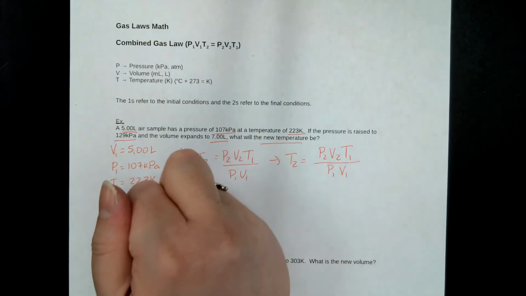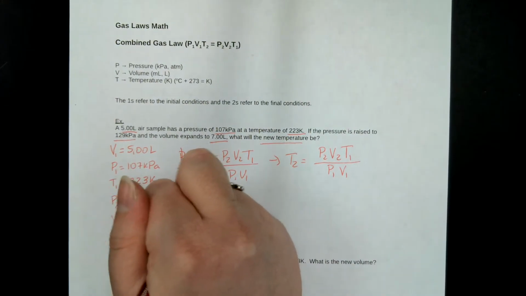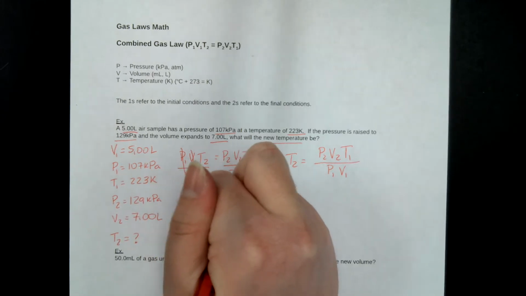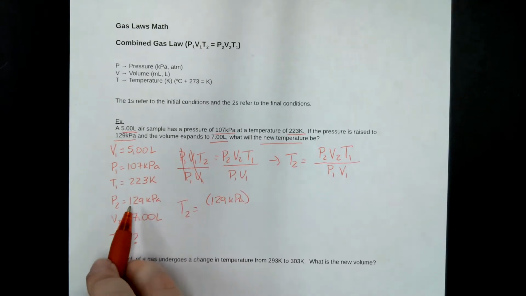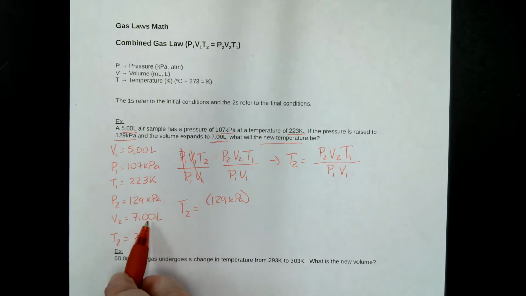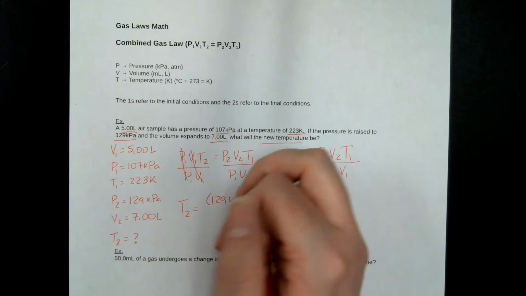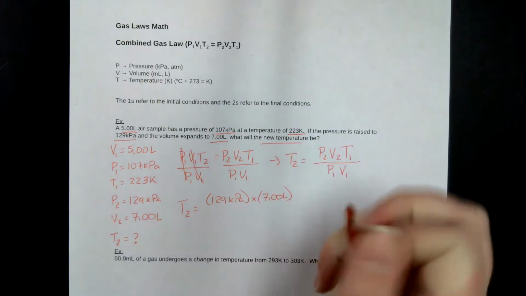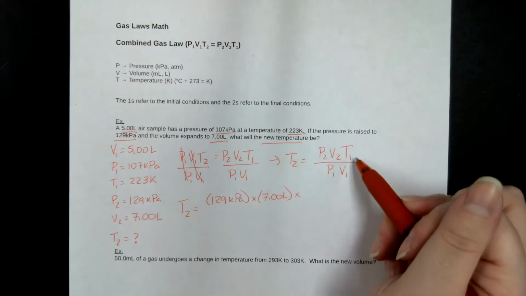So let's plug in our values. So P2 is 129 kPa times V2, 7.00 liters, times T1.